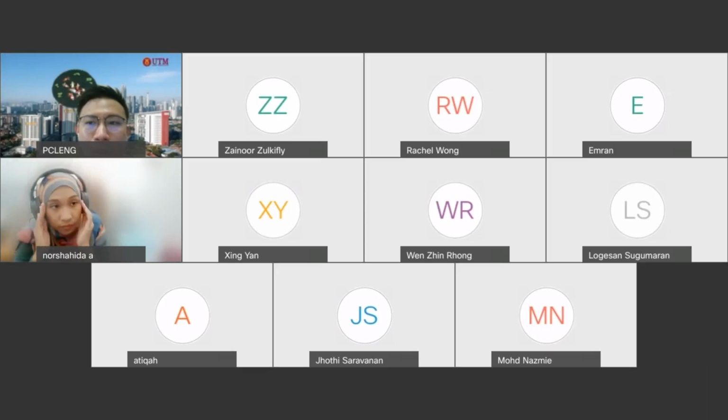So for today's lecture, we have Architect Norshahida as one of our speakers for our input lecture series this semester. She is going to talk about housing typology, which is important especially for our pre-thesis 1 students, because this semester you are going to design and deal with housing typologies.